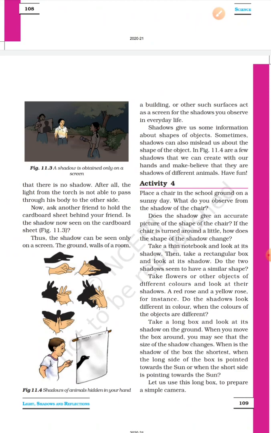So you should know one thing, dear student. This activity wants to say one thing to you, that we should have a screen also. If we have a light source and an opaque object, and we are also opaque objects because we do not allow light to pass through us, there should be a screen also where we will get the shadow of our body.